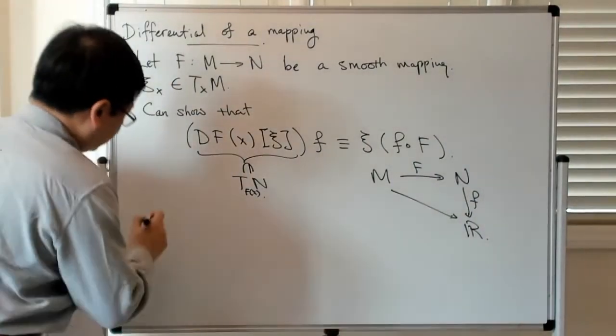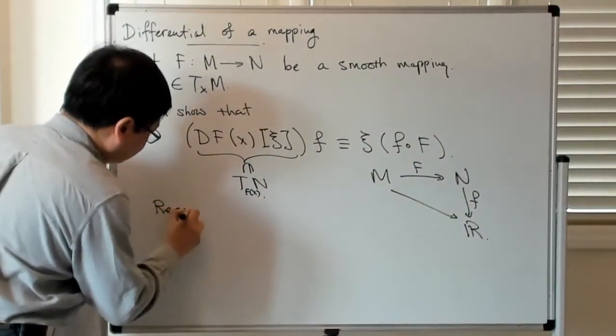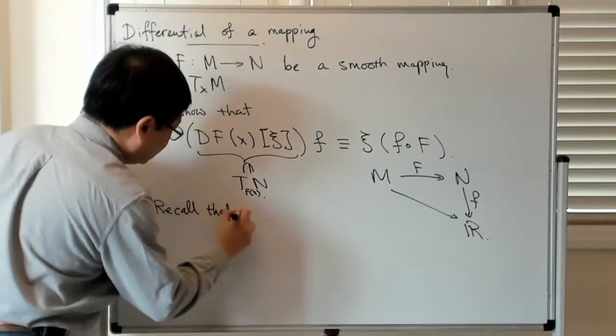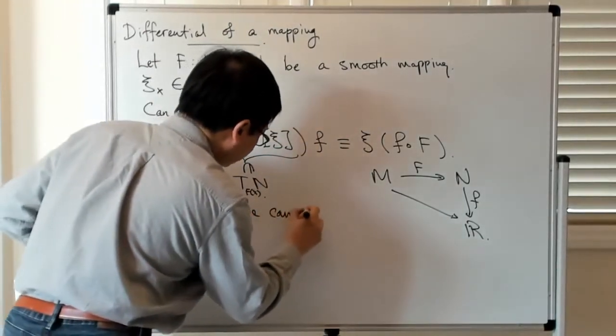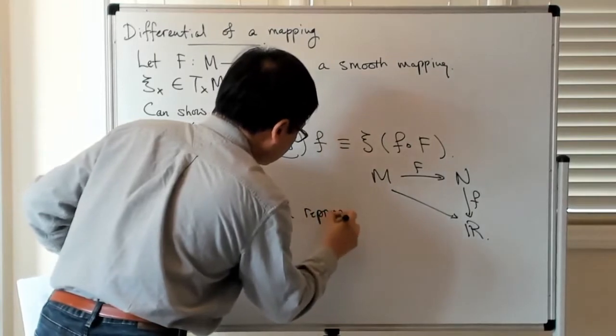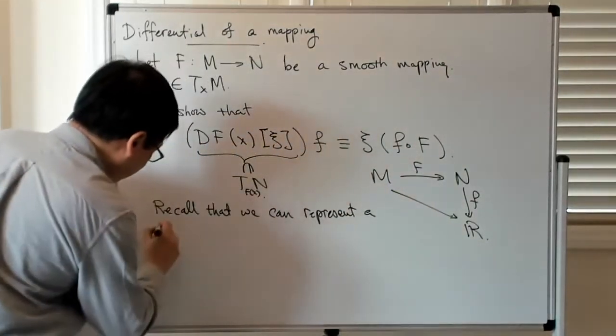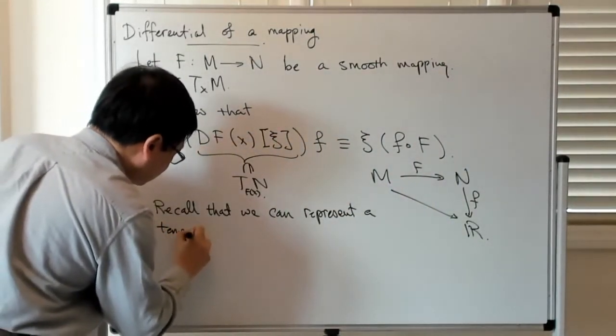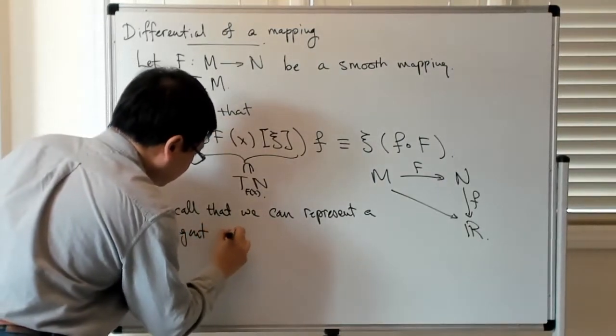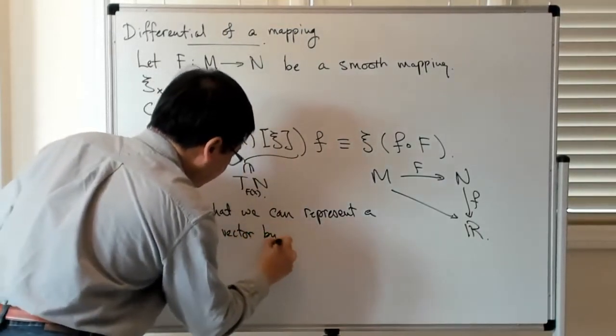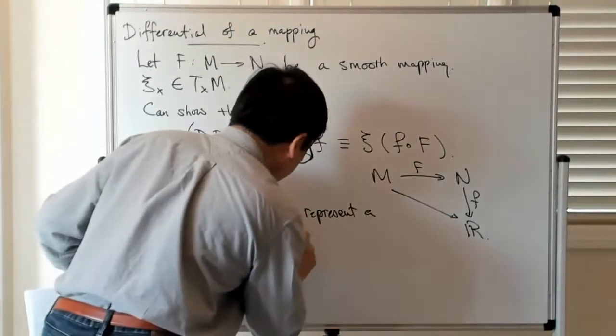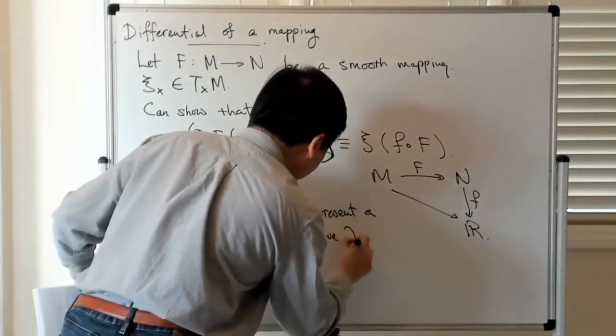So recall that we can represent a tangent vector by a curve gamma.